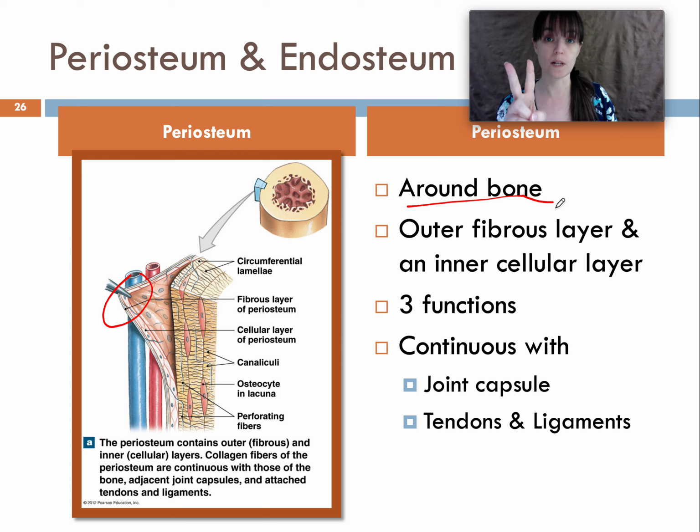It's a route for blood vessels and nerves, and growth and repair, because the cellular layer has osteoblasts. It has an outer fibrous layer and an intercellular layer. It is continuous with the ligaments and tendons.